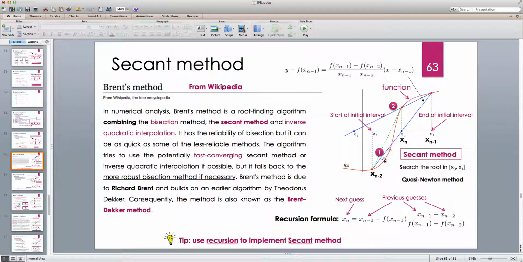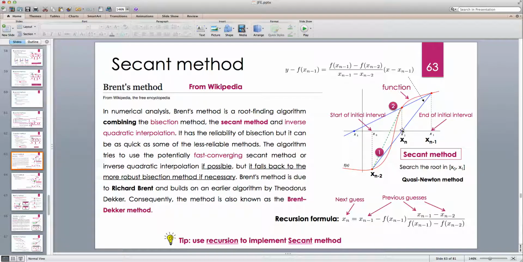So when we derive this line from x0 to x1, this line is guaranteed to cross the horizontal axis at some point in this interval. And this point then is guaranteed to be closer to the root than both x0 and x1.